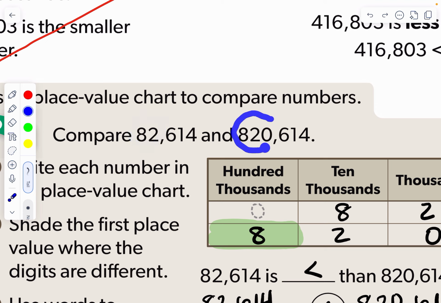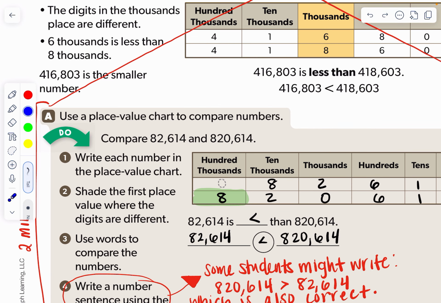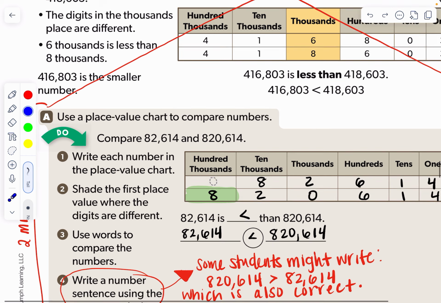How do you say the number before the comma here, right? 82, and we have 820. So that should help students understand that the 8 in the 82 should be in the 10,000s place and not the 100,000s place, right? And because there's no digit in the 100,000s place, we'll use 0 as a placeholder.